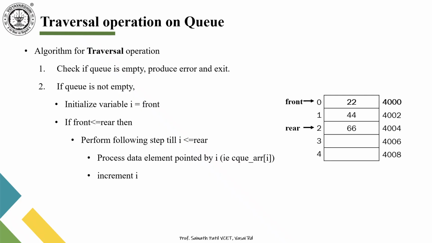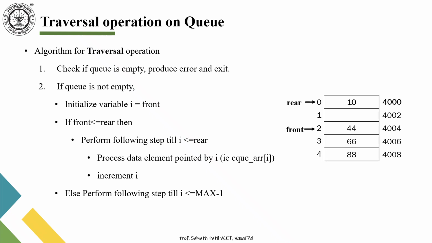Process means, in this case, we display the value stored in the circular array and increment I till I becomes equal to rear. Else, the situation may be like this: front is ahead. For example, it is pointing to 2 and rear is at the 0th position. That means if the first condition is not satisfied, front is greater than rear.